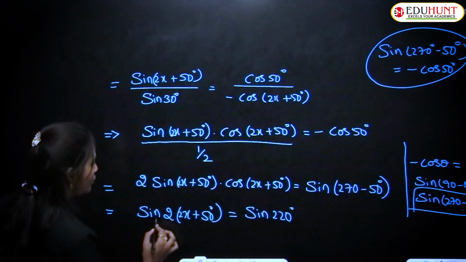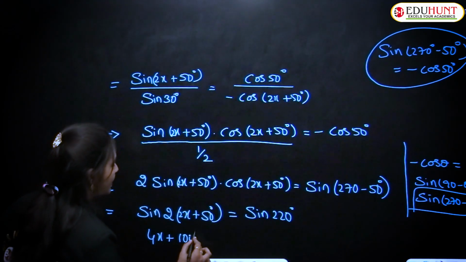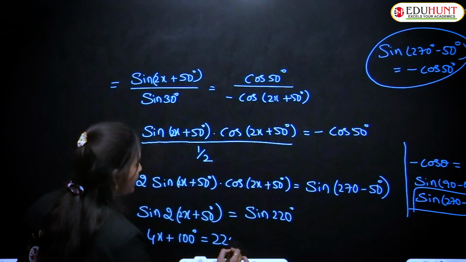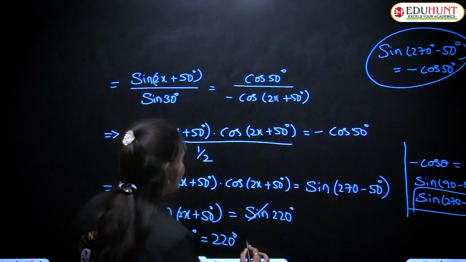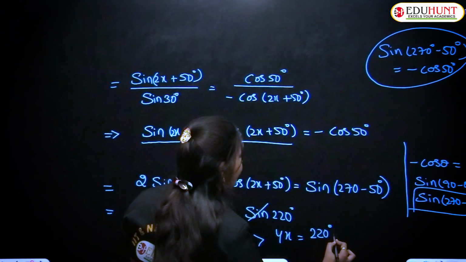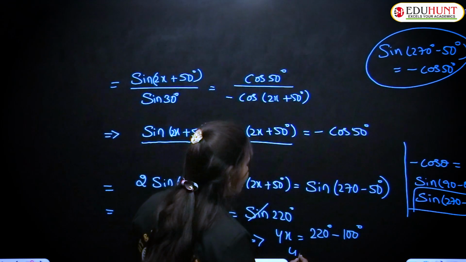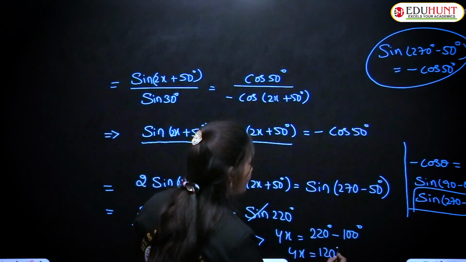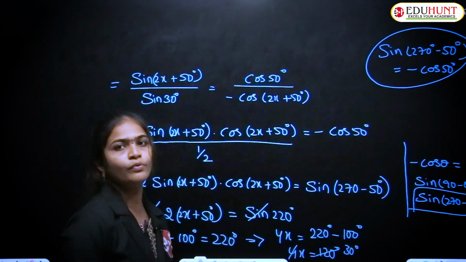So here 2 into 2 is 4x plus 100 degrees is equal to 220 degrees. Just remove that sine from both sides. So from this one 4x is equal to 220 degrees minus 100 degrees, plus 100 is there, so that is minus 100. So 4x is equal to 120 degrees, 4 times 30 is 120.